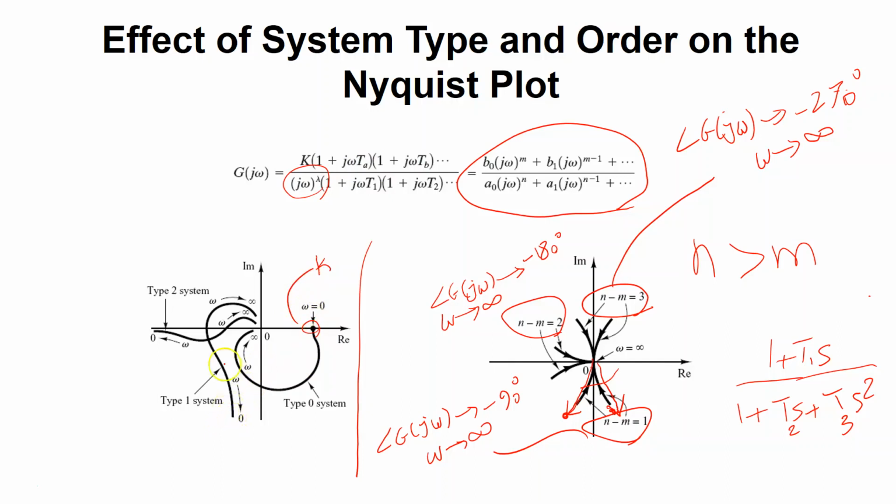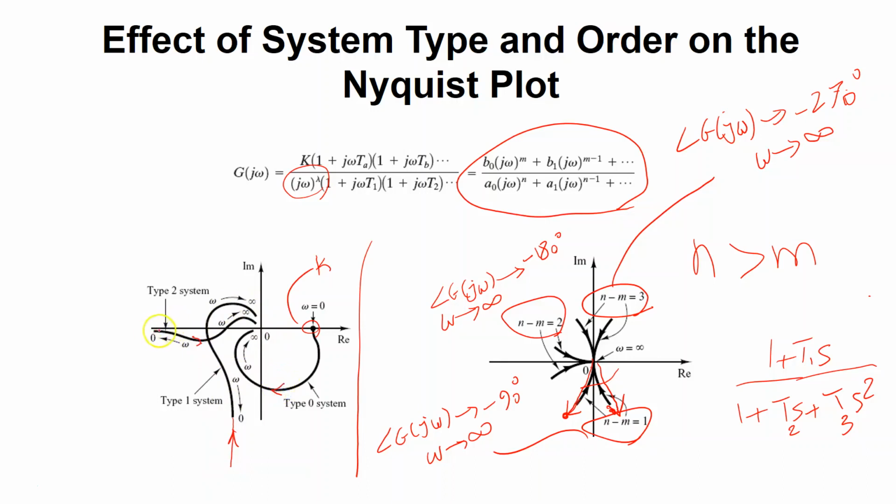But if the system is type 1, so lambda is 1, then you're dividing the number by 0 when omega goes to 0. So the magnitude goes to what? If you see this curve, look, it starts from here at infinite and then converges to 0 as omega goes to infinity. Similarly here and similarly here, right?